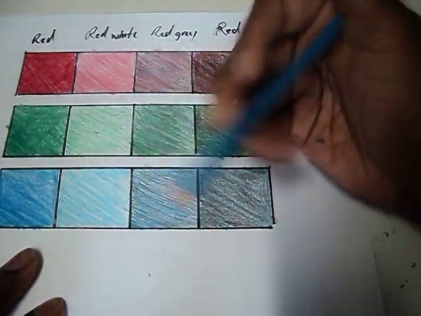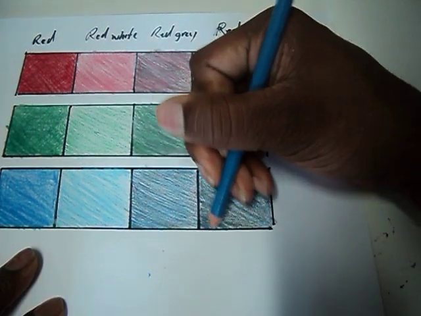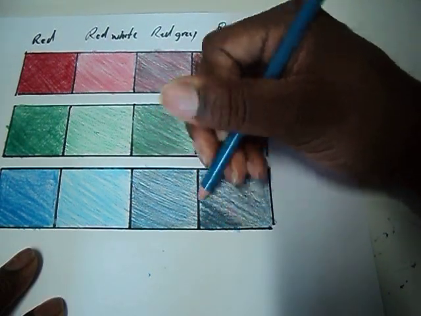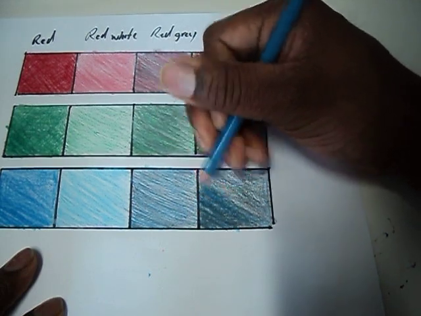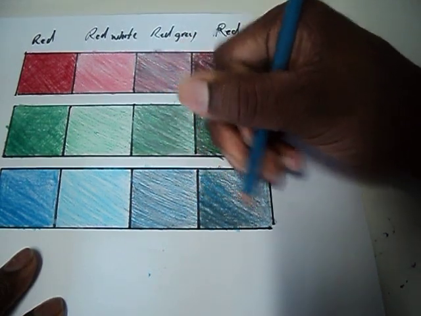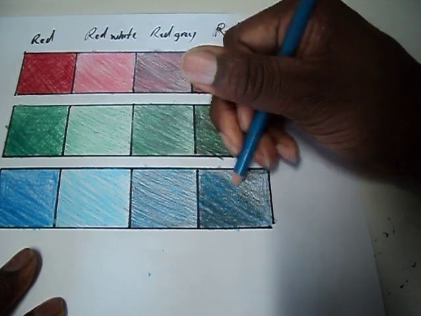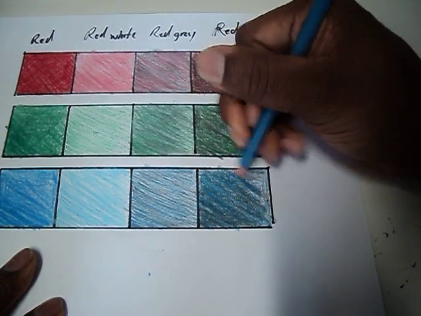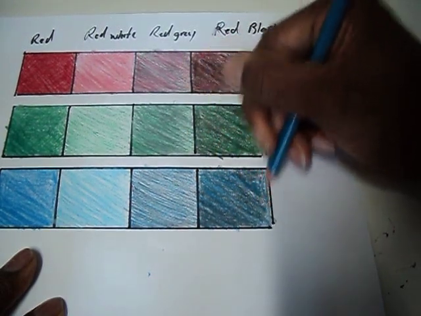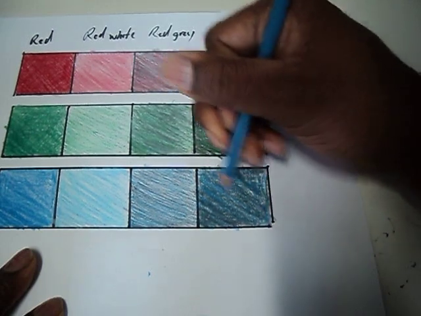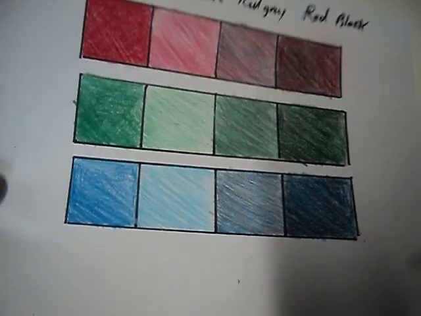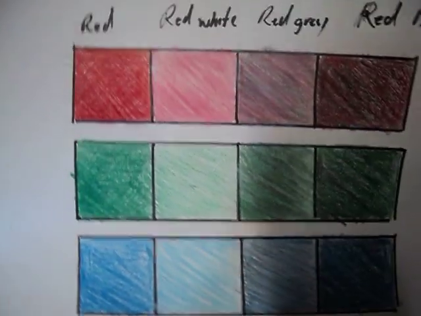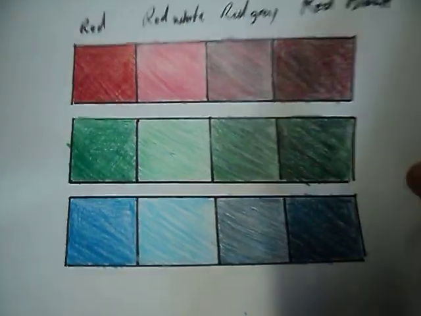I want some more blue to show up, so I'm going to add some more blue on top. Adding the blue on top is what's going to make this thing look dark. So there we go. Now we got that dark looking blue. So there you go. Okay, so there you go with the colors.